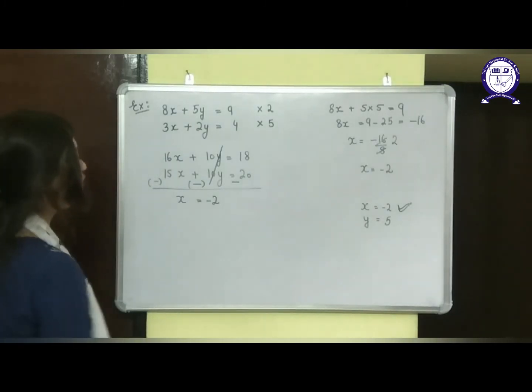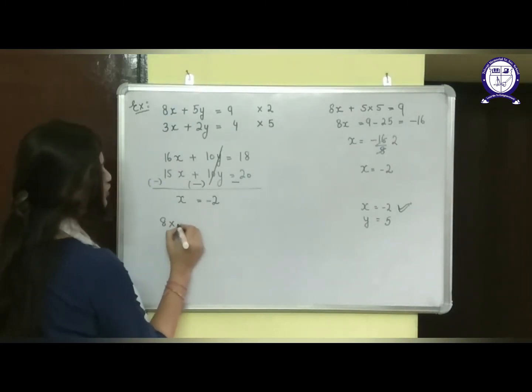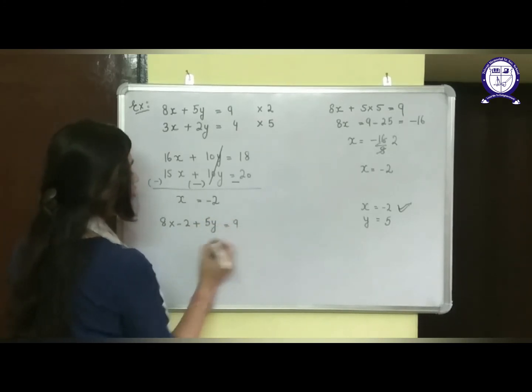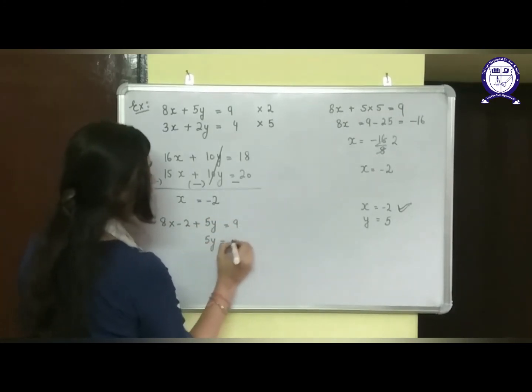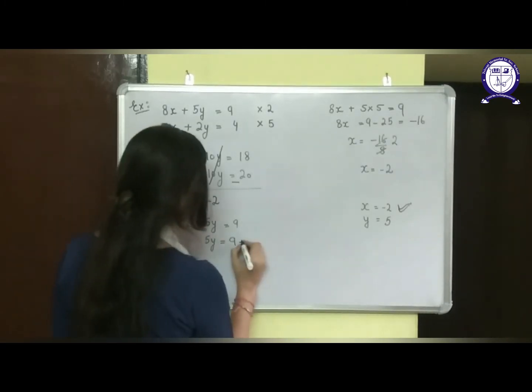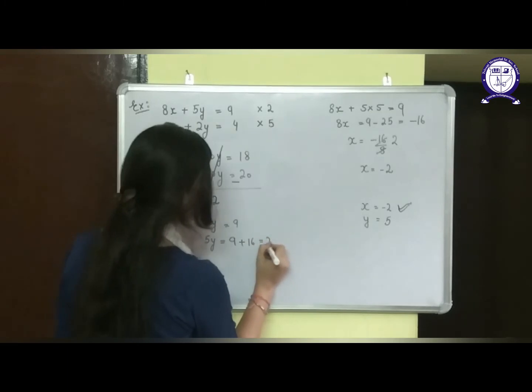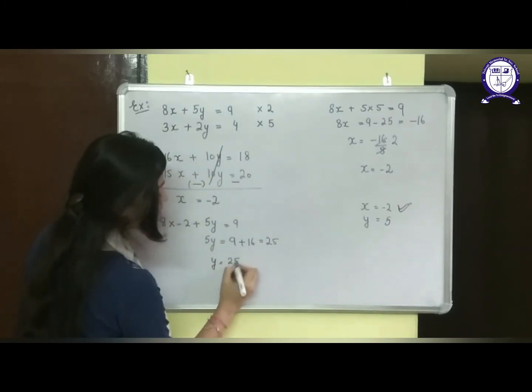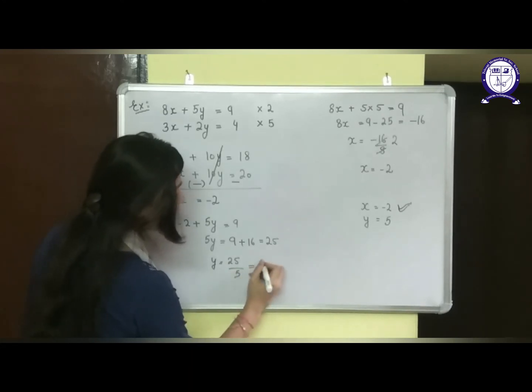Then find the value of y. 8 into minus 2 plus 5y equals 9. 5y equals 9, and here it's minus 16, so it will be plus 16. That is 25. So my y will be 25 upon 5, that is 5.